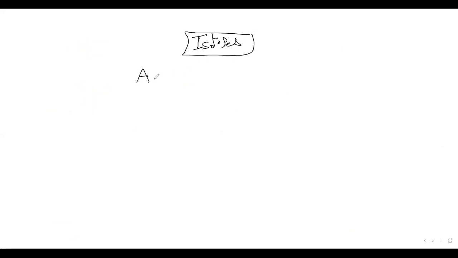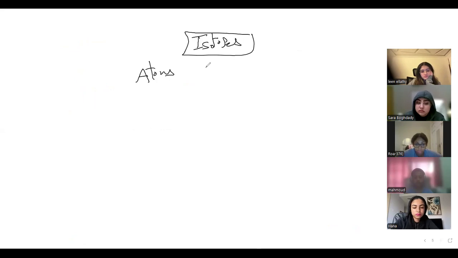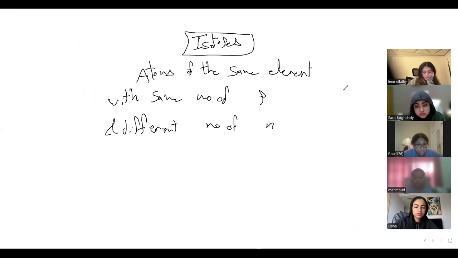Atoms of the same element, and we must say same element, with the same number of protons and different number of neutrons, or the same atomic number and different mass number.